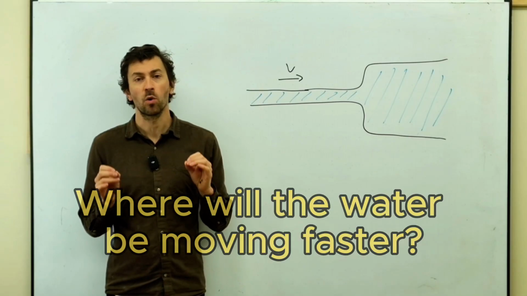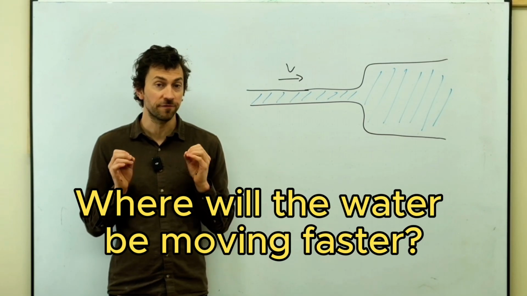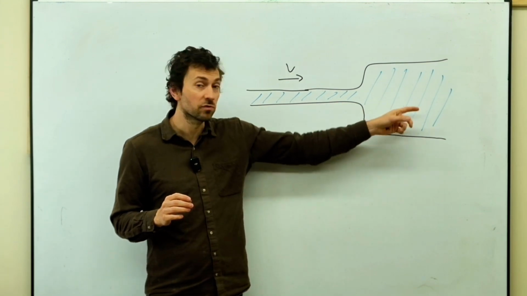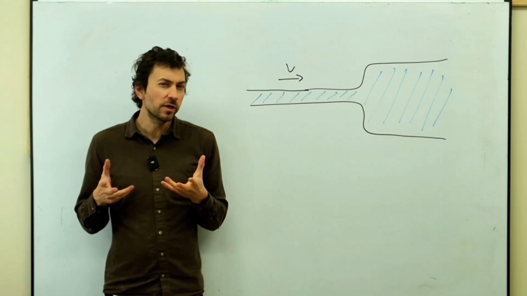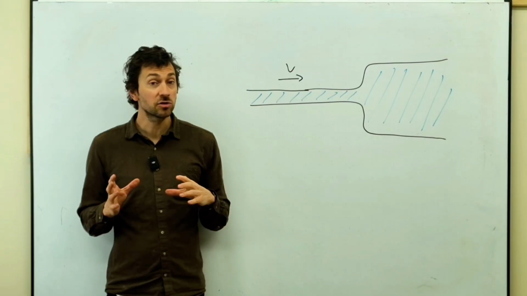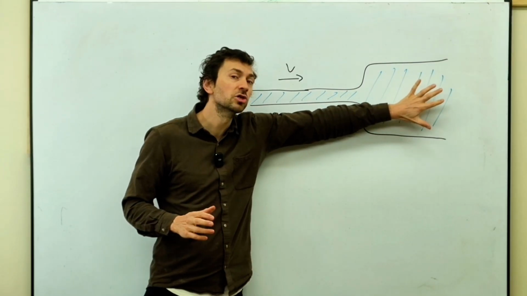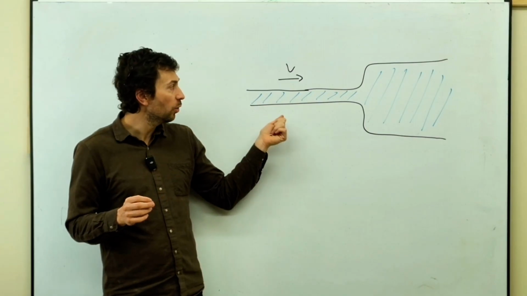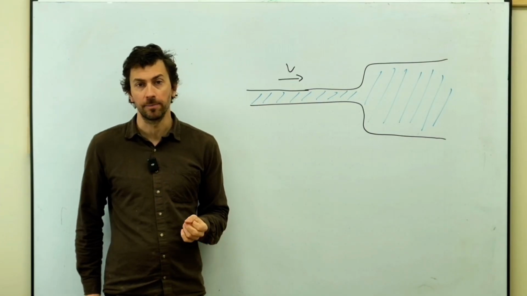And the question is, where will the water be moving faster? It's moving to the right here, and it's moving to the right over there. I don't know if you can sense the answer, but it will be moving very slowly in the large pipe, and it will be moving very quickly in the skinny part of the pipe.